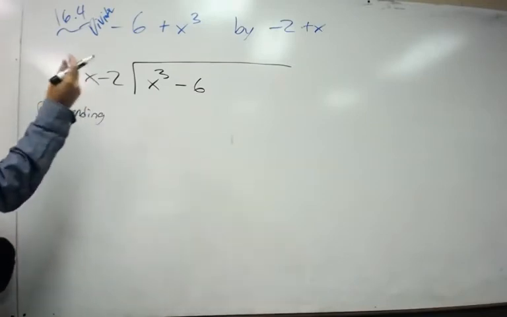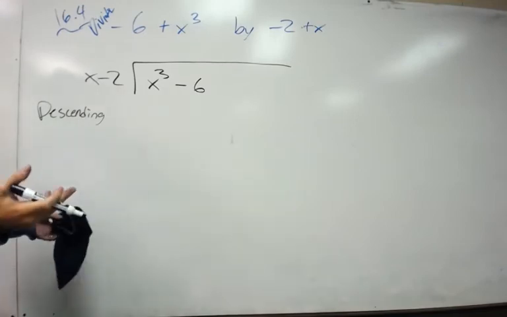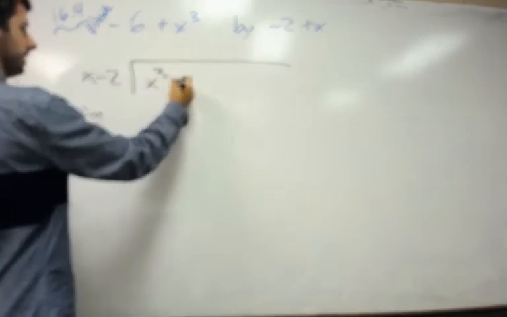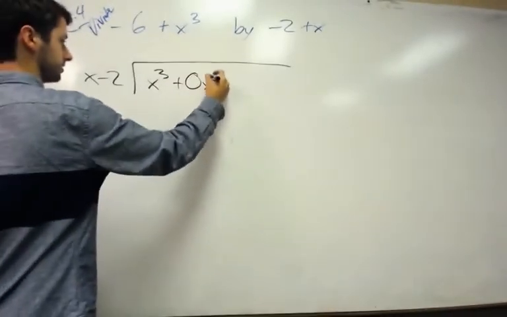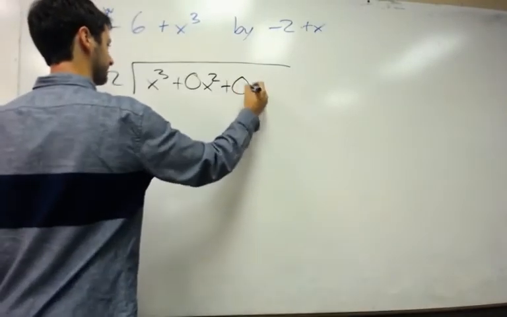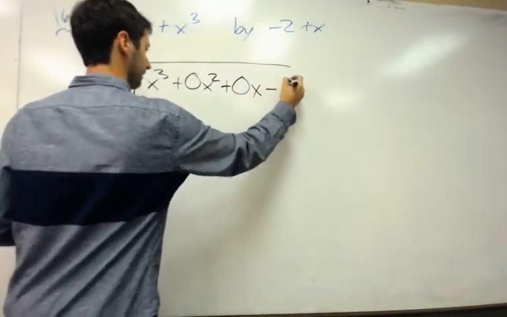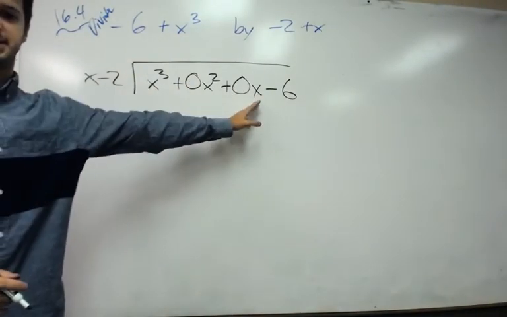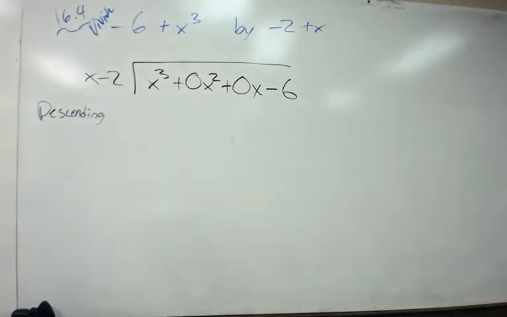Now there is no x squared or x in there. So what we do is we write plus 0x squared, since there's none of them. There's no x's, plus 0x. Then we write the minus 6. But notice that is still descending exponent order. And now we can divide.